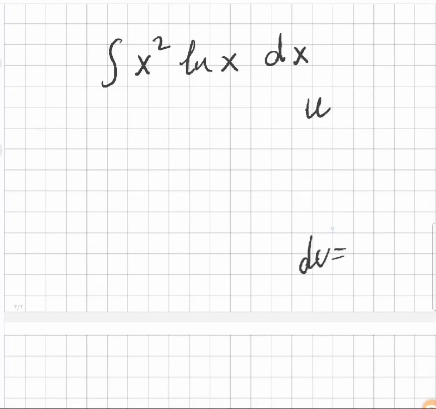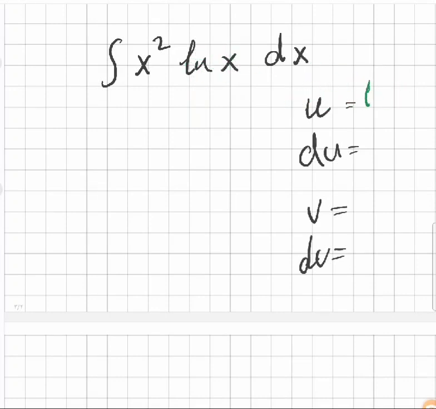Let's integrate x squared ln x. So what should we make u and dv equal to in this problem? If we make u equal to x squared and dv equal to ln x dx, the integral of ln x will be quite difficult to do, unless you know what it is, so we're not going to do that.